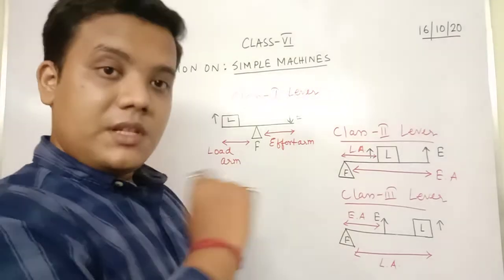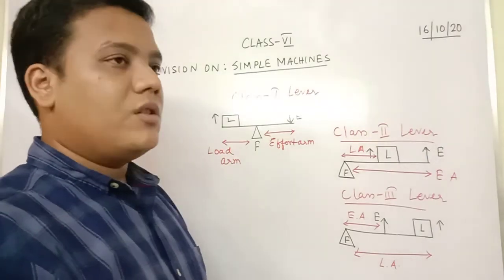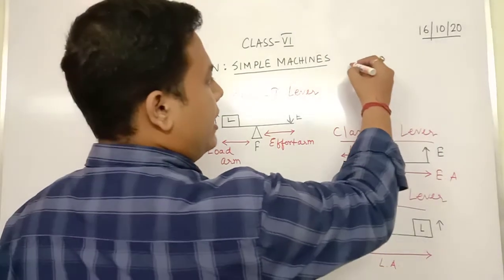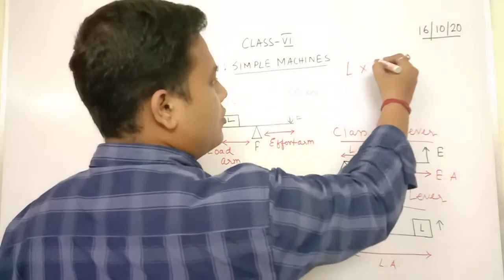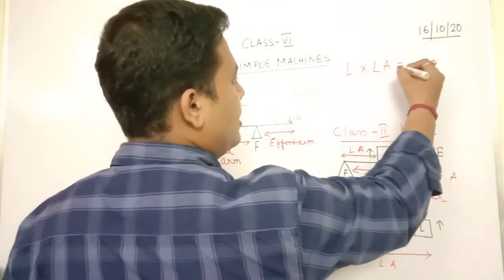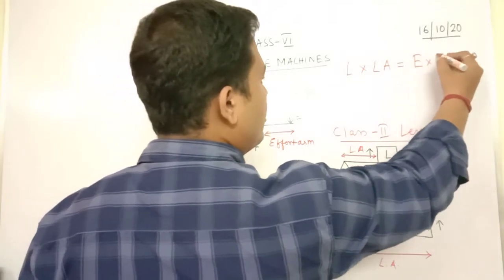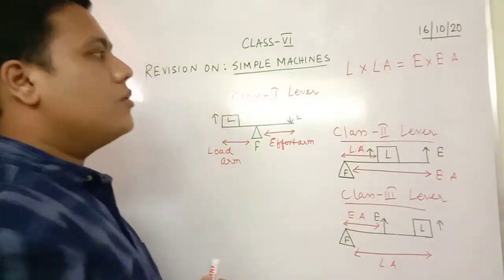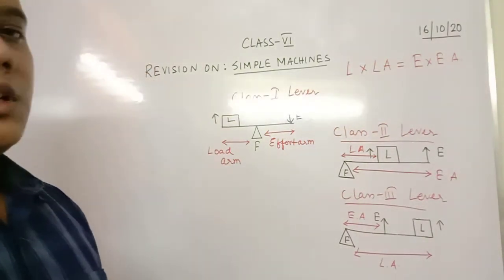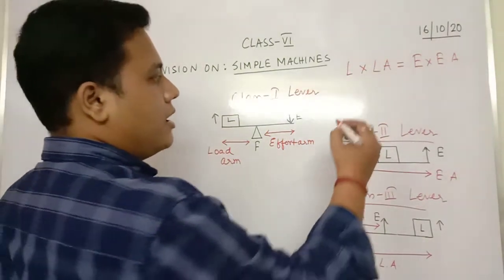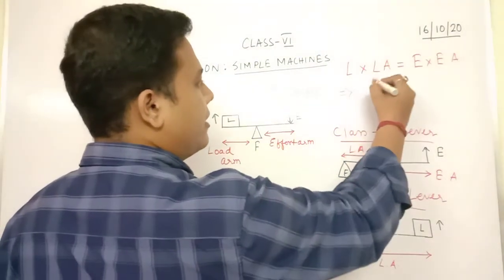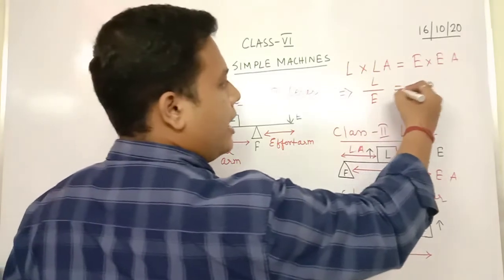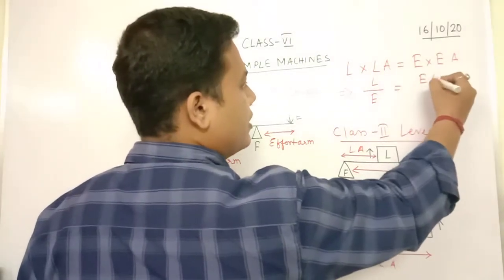So using the principle of machines, we can also justify the principle of levers. The principle of levers states that load into load arm will be equal to effort into effort arm. Now if we cross multiply, effort comes below the load and load arm goes below the effort arm.